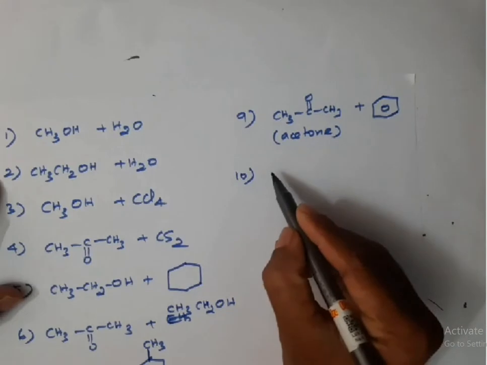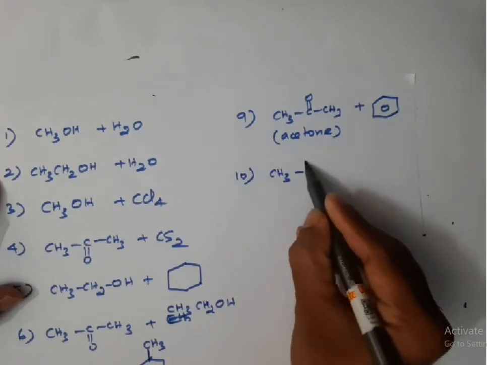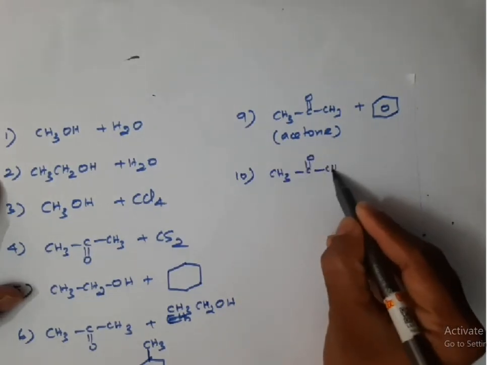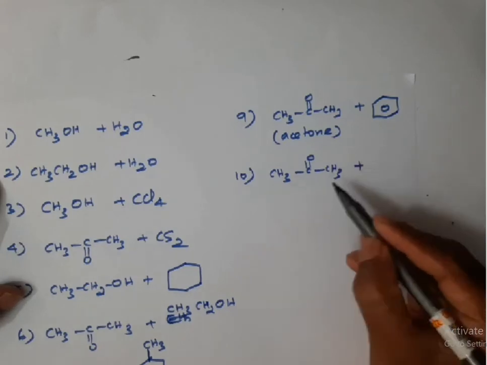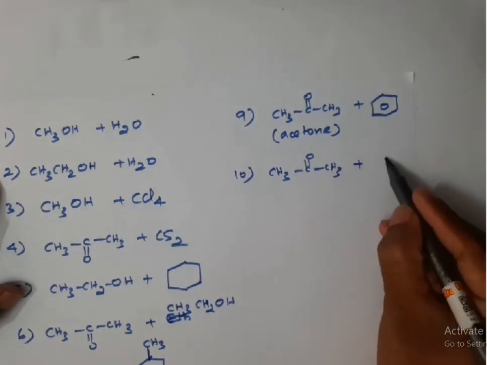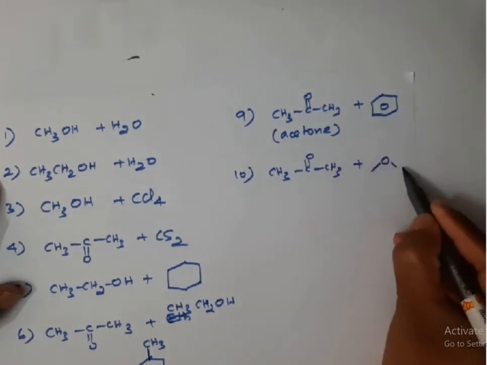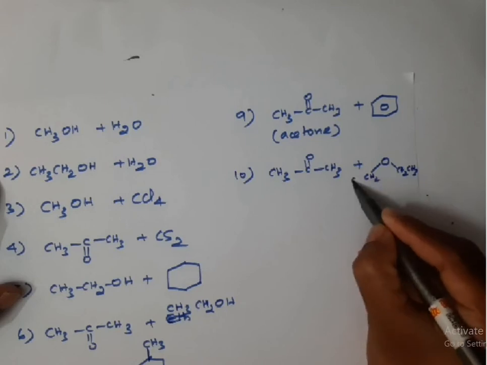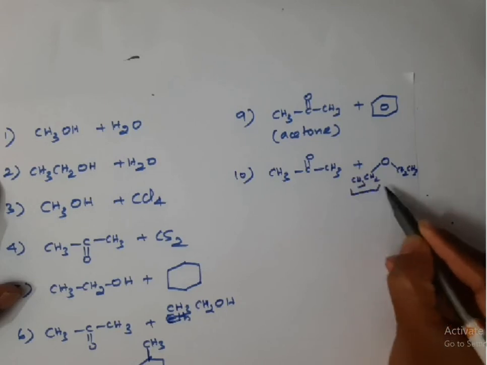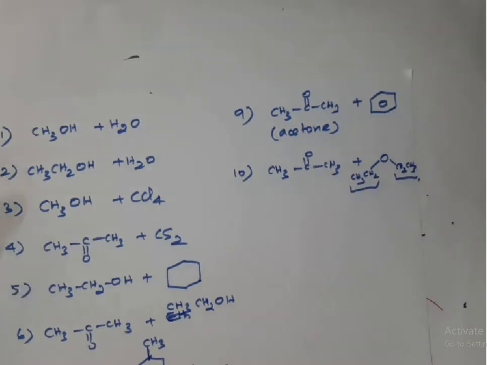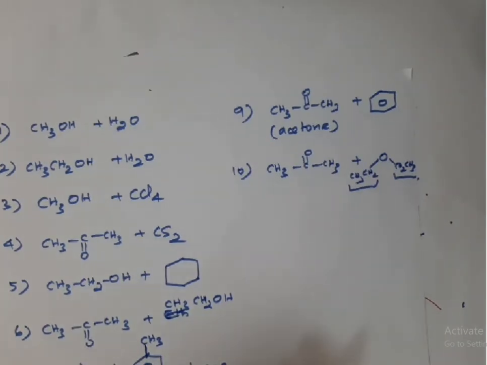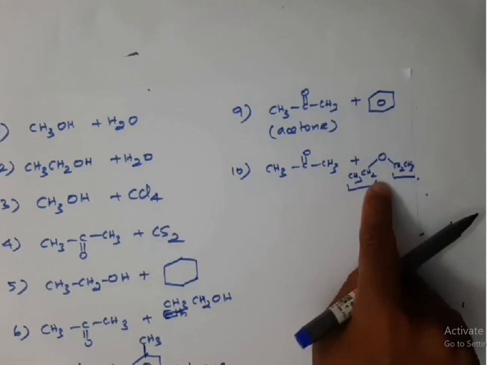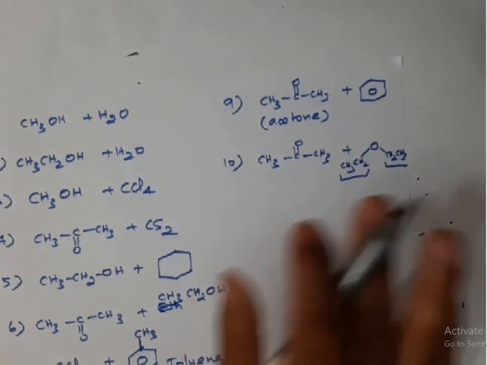Then I'll give one more example. CH3COCH3, acetone, plus ether. I'll take diethyl ether, CH2CH3, O, CH2CH3. This is an ethyl group, this is an ethyl group, so it is called diethyl ether. Acetone plus diethyl ether, or any ether in general.